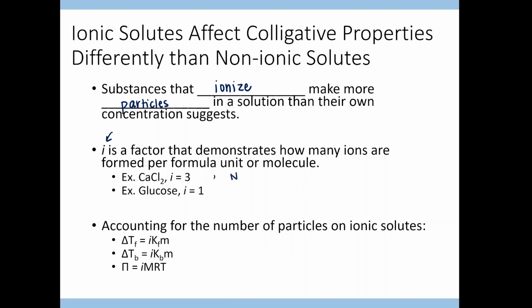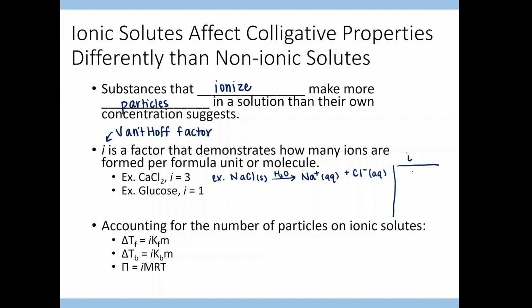So sodium chloride as a solid, dissolved in water, becomes sodium plus 1 charge, aqueous, and chlorine minus 1 charge, also aqueous. For this reaction, its i factor, this Van't Hoff factor, is 2.